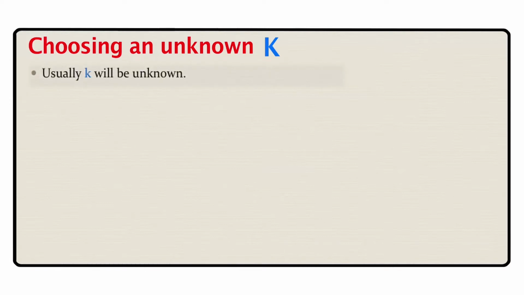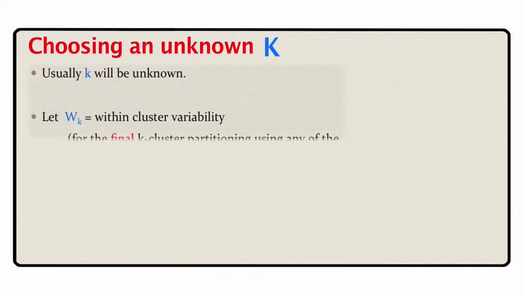Usually K would be unknown, as we said. Now let Wk be the within cluster variability. So W was the within cluster variability, and now we have a suffix K which actually tells you that we are looking at K clusters. So suppose we pre-decide that we have 3 clusters, so we look at W3.